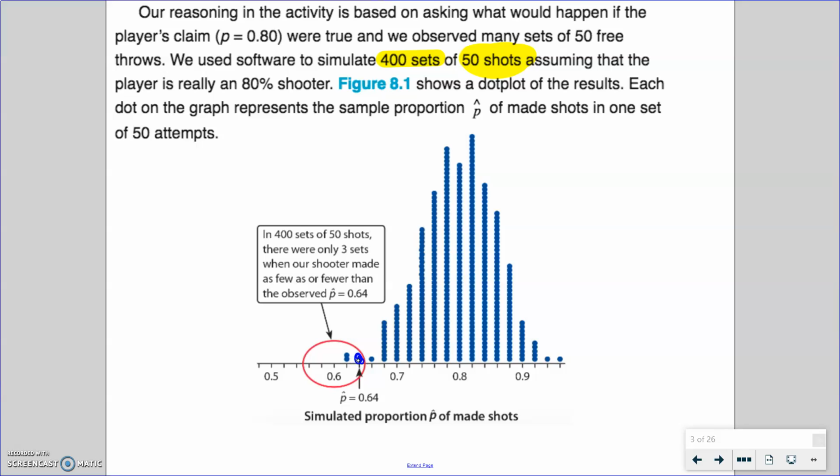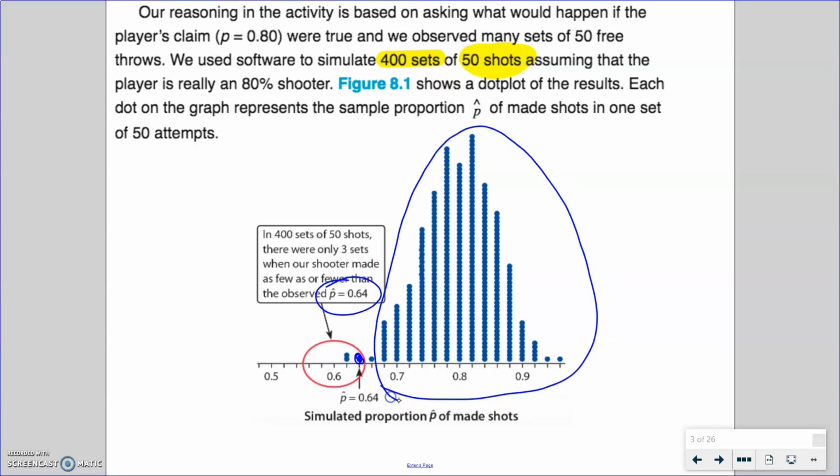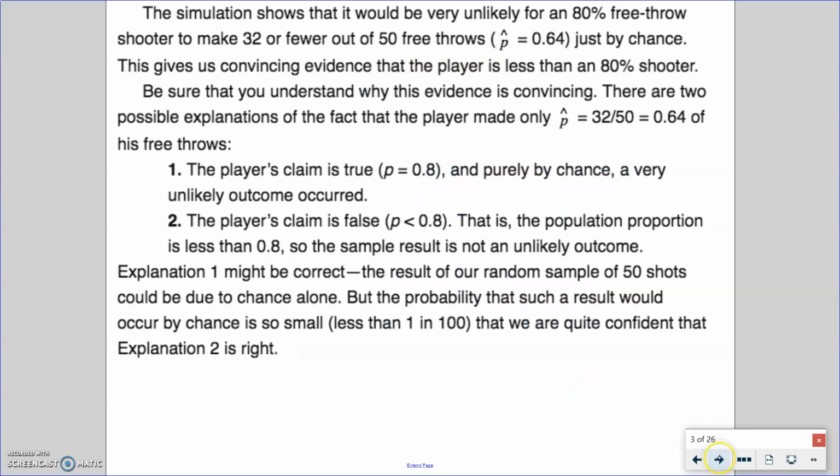In 400 sets, only 3 times did they get a p-hat of 0.64 or lower. That's pretty tiny. That means most of the time he's up here, right? If we truly pretend that the 80% is true and we do a bunch of simulations using a computer, only 3 of those random simulations are as low as 64%.